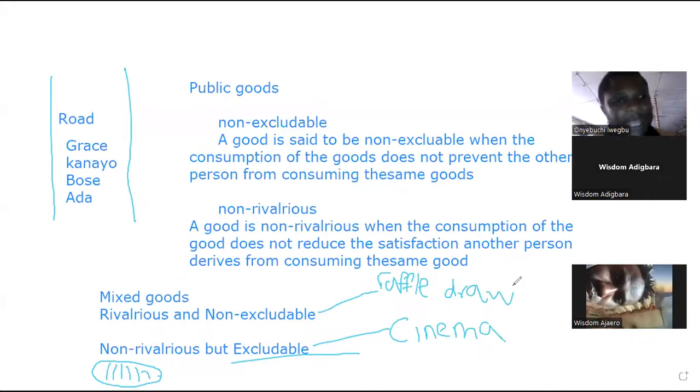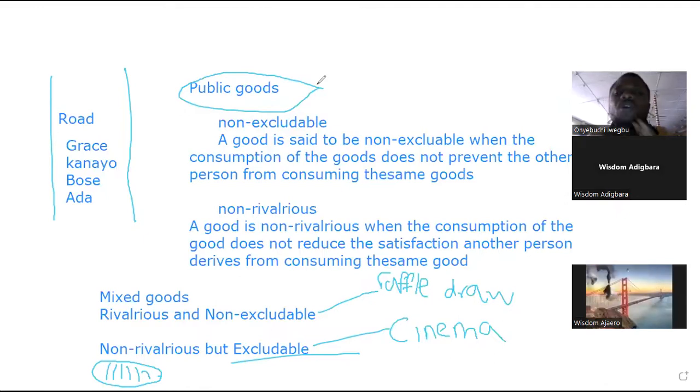Let's go back. Remember, the classicalists are of the opinion that only social amenities should be provided, which are public goods: defense, roads, bridges. Once it's social amenities, government should provide.